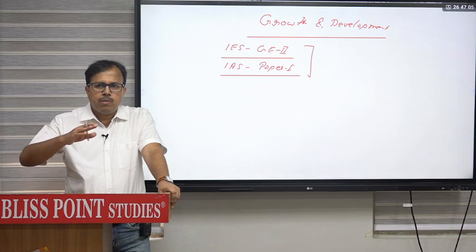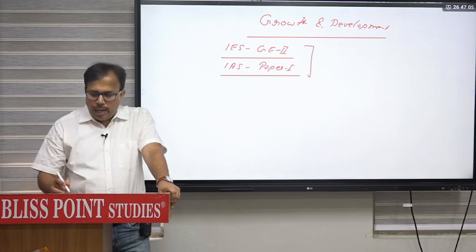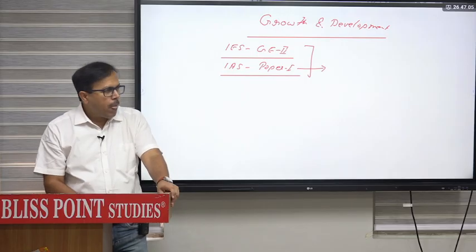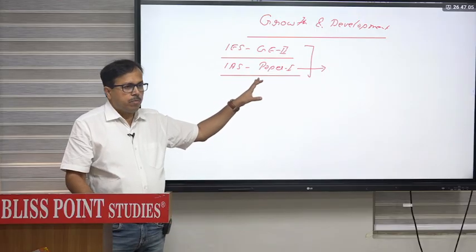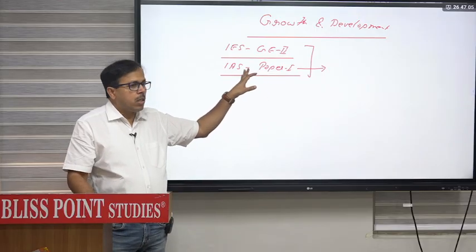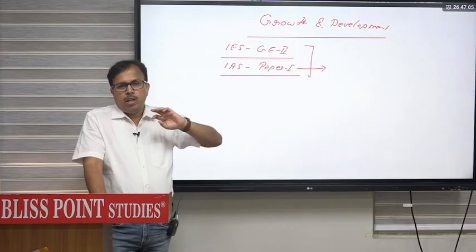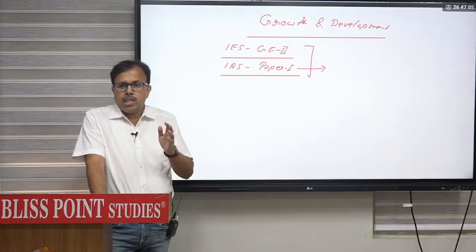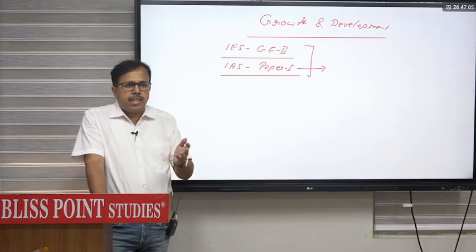So first we start with the growth model topic, and as far as optional paper is concerned, this growth and development will include all the models of growth. Then in this section we will also be doing all welfare indicators like HDI, ISDI or gender related indexes.